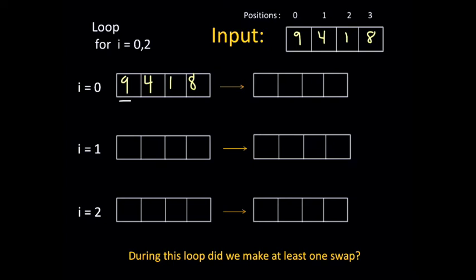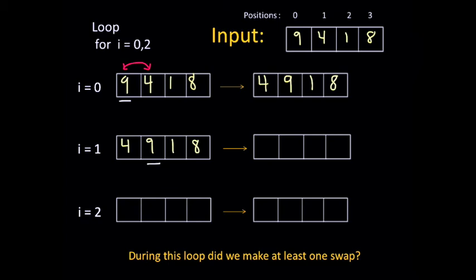So here we can see that 9 is greater than 4, so we should swap them. This little red arrow will indicate a swap. Now the state of the list is 4, 9, 1, 8. So entering the next iteration, the current value will be at position 1, and our list is 4, 9, 1, 8.